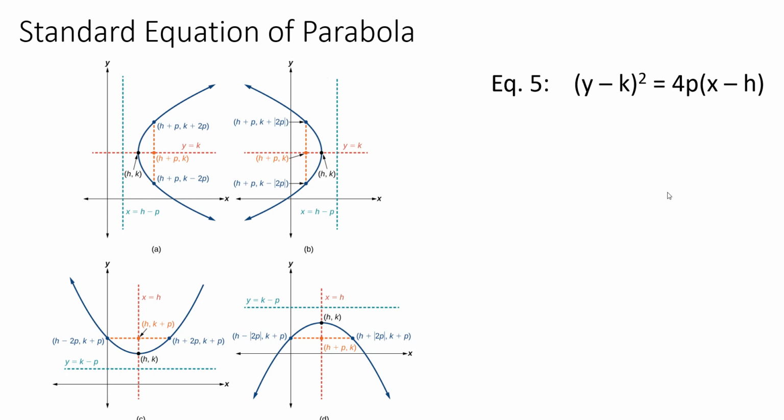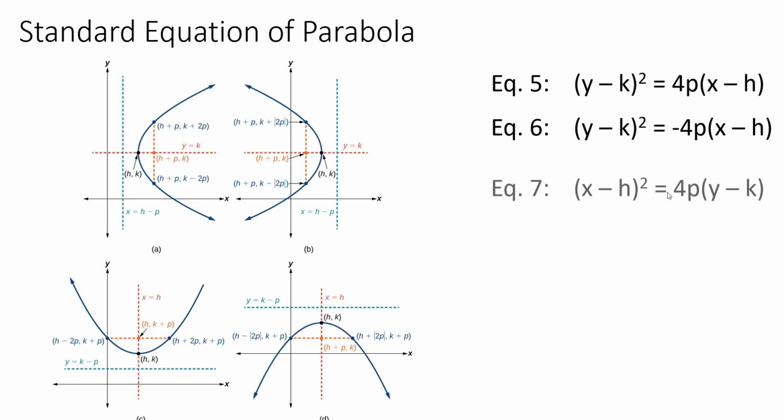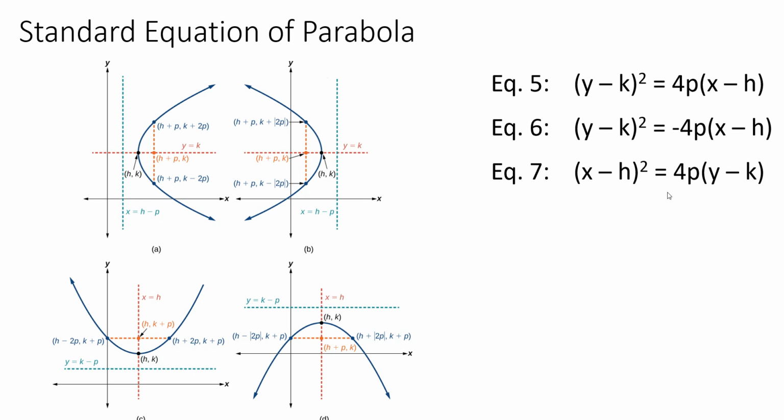If it opens to the left and the vertex is not on the origin, then we have the quantity y minus k squared equals negative 4p times the quantity x minus h. And if it opens upward, with the vertex not on the origin, then we have the quantity x minus h squared equals 4p times the quantity y minus k.